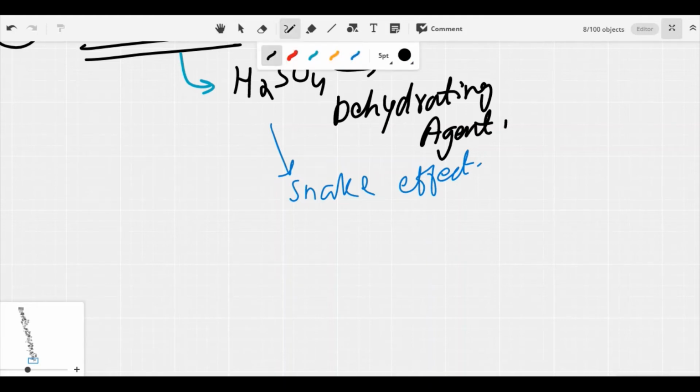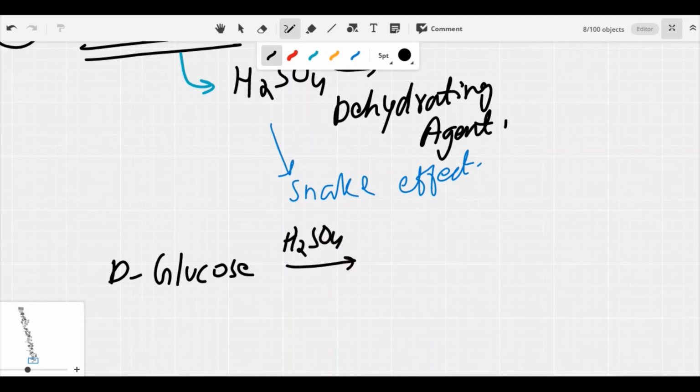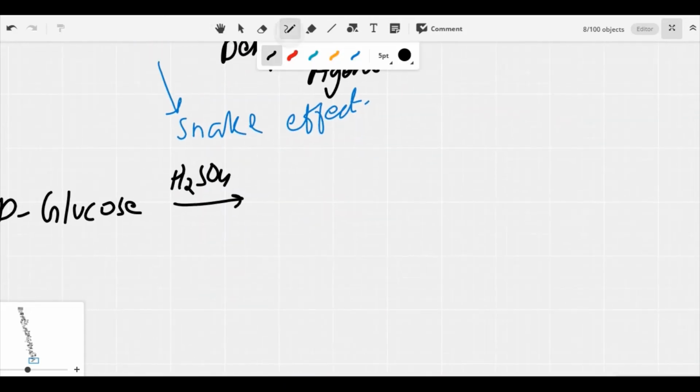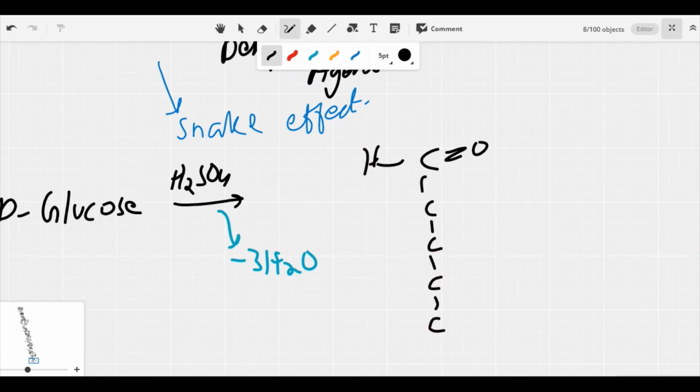For example, here is D-glucose. In the presence of H2SO4, there is the elimination of 3 water molecules. And now the next one, carbons 1, 2, 3, 4, 5 and 6.